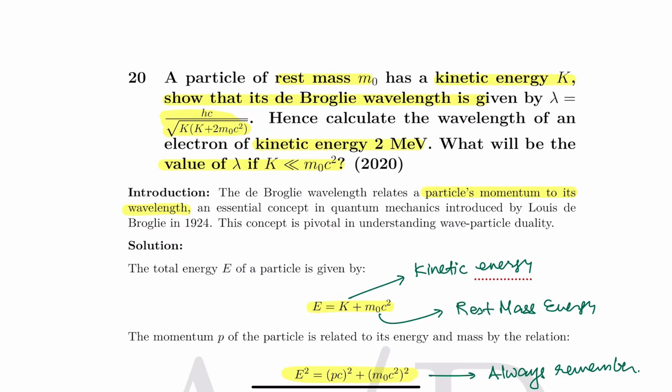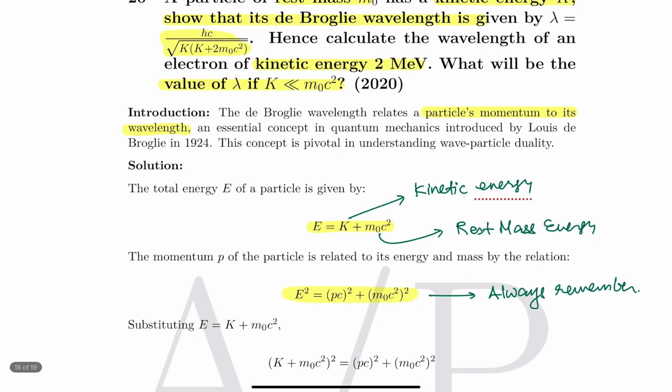So this is what we are required to show, and once you show that, we are required to calculate the wavelength of an electron of kinetic energy 2 million electron volt. So what will be the value of lambda if K is very much less than m naught c square? This m naught c square is nothing but the rest mass energy, and if kinetic energy is very much less than rest mass energy, we know that it is the non-relativistic case.